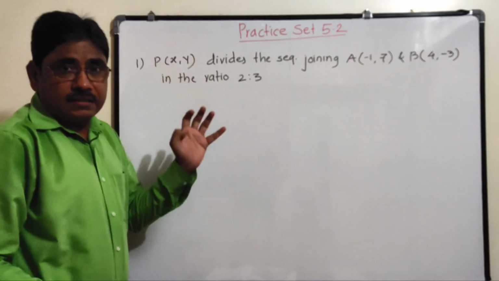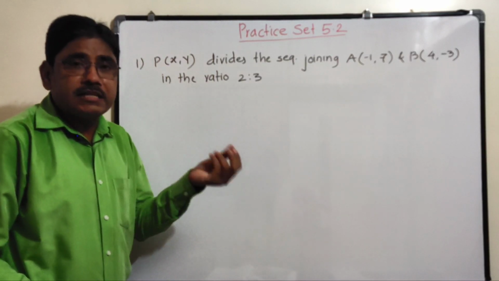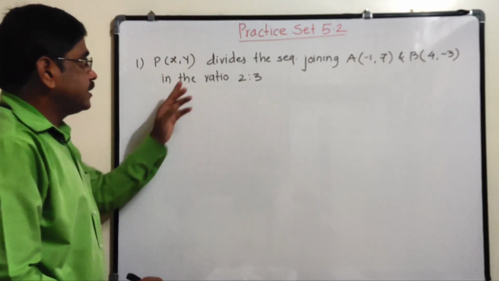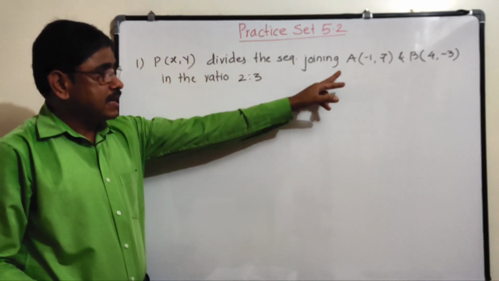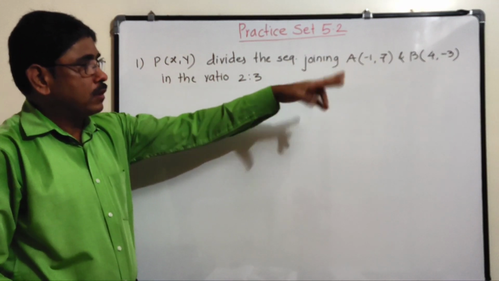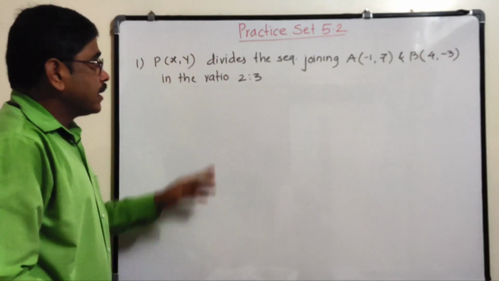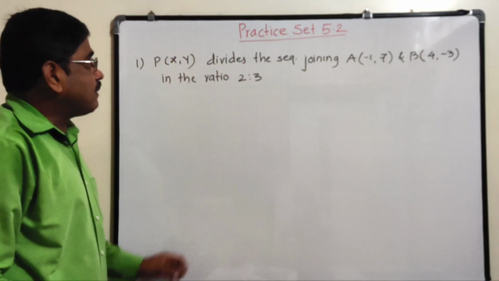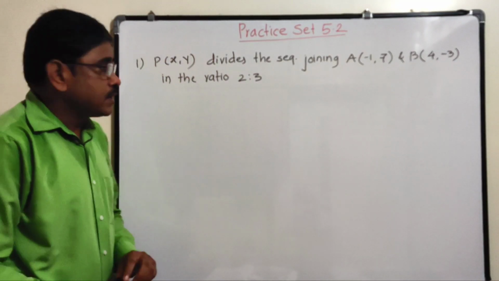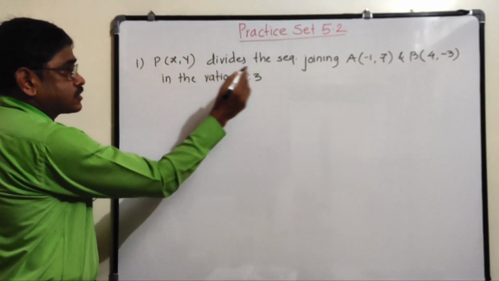So from this sum, P is any point. Let the coordinates of that P be (x, y). It divides the segment joining A (-1, 7) and B (4, -3) in the ratio 2:3. Then find the coordinates of P. So here what is given? Write x1, y1.